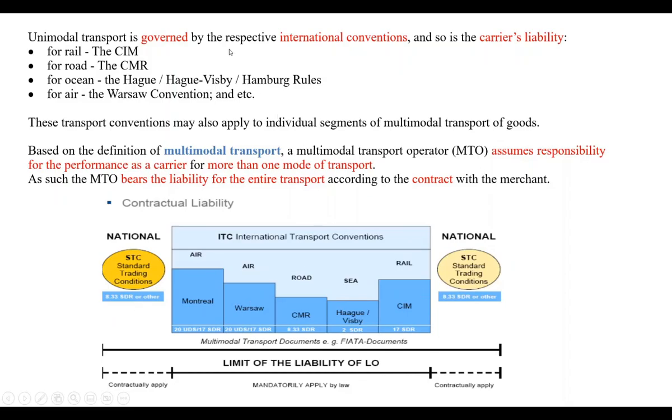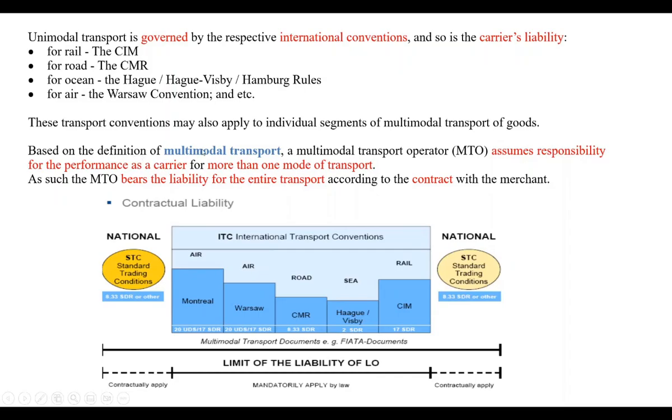So these are some of the things we have learned in maritime transport, but this one also gives you more overview that these things are actually used to determine the liability of a carrier based on the particular unimodal transport system that they are being implemented.